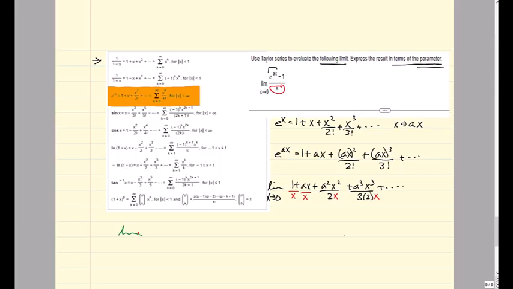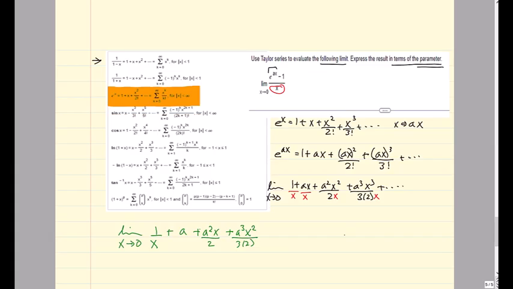So I have the limit as x approaches 0 of 1 over x plus ax over x, which is just going to be a. And then I'm going to have a squared x, because the x squared on top cancels with 1 on the bottom, over 2, plus a cubed x squared over 3 times 2. And I have a problem here.